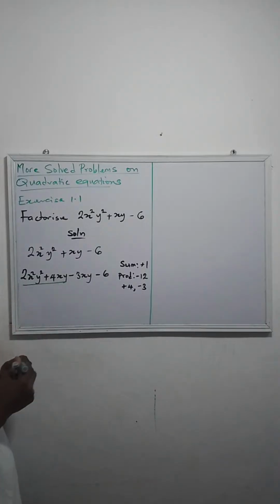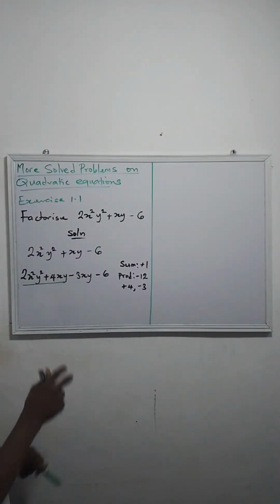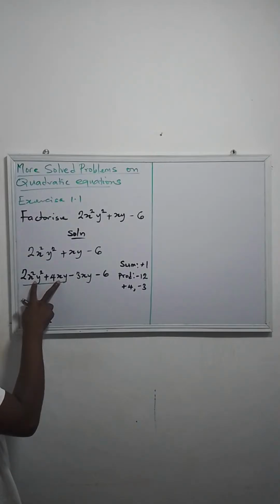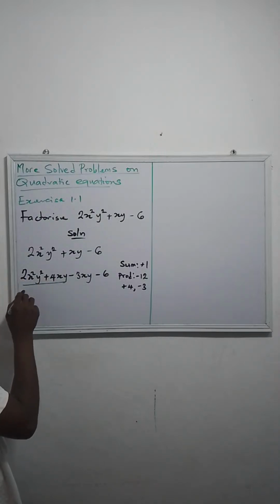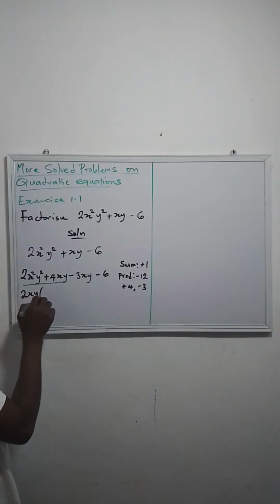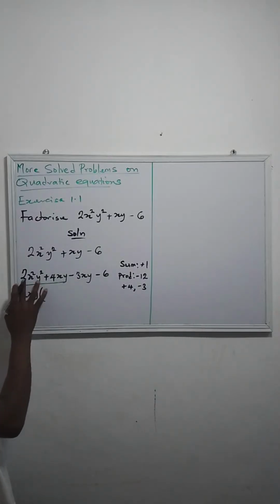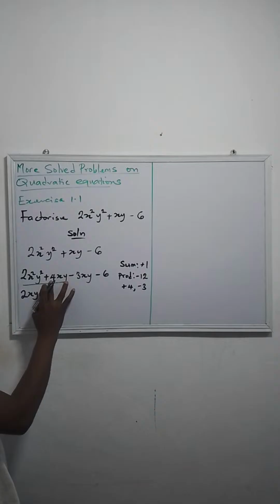We locate the GCD of these two, the greatest common divisor. We have 2, we also have x, and we have y. This can completely go here and can completely go here.